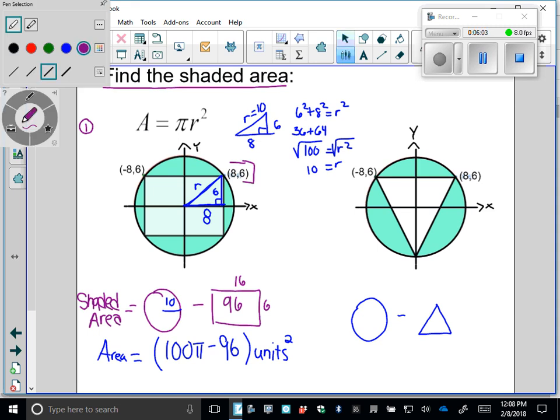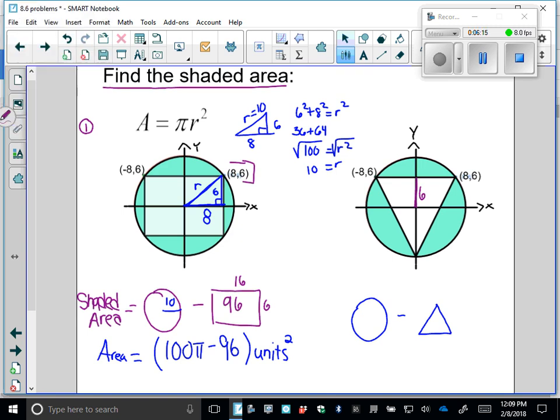So when I look back at what I have here, the 8 and the 6, the distance from here to here is 6 because it's the y value, and the distance from here to here is 8 because it's the x value. So again, we still see that right triangle in there because that's a right angle, and so that's 10.